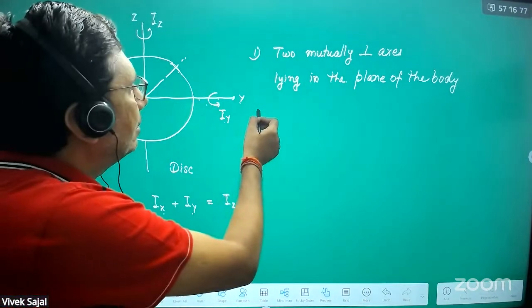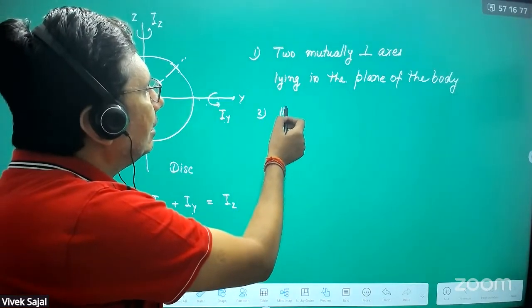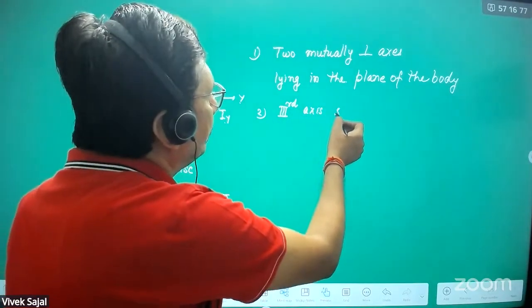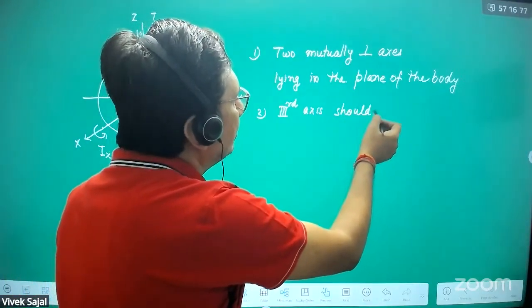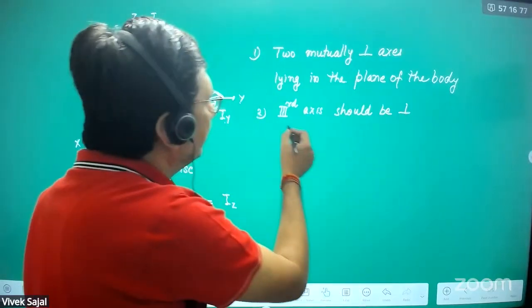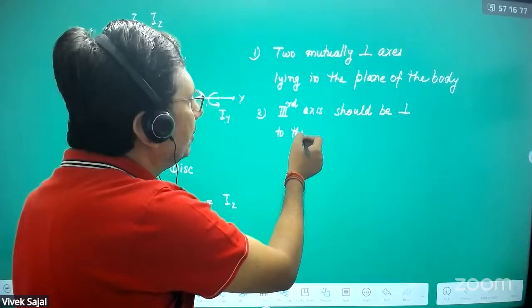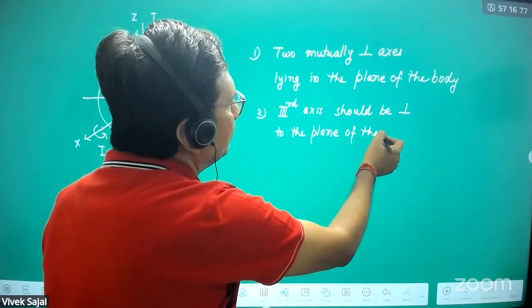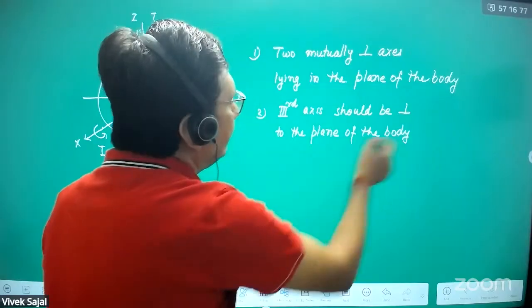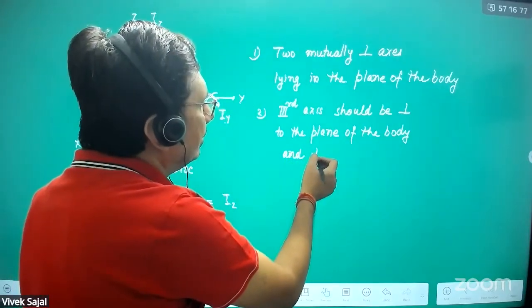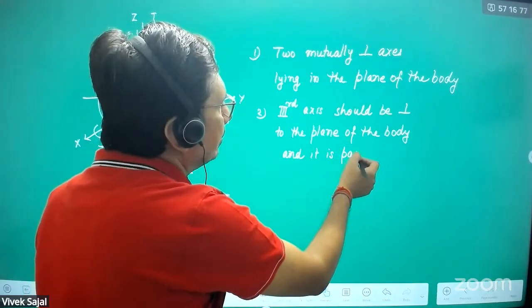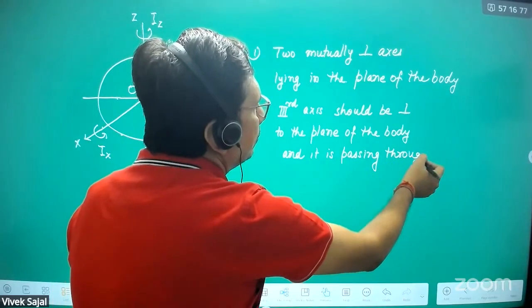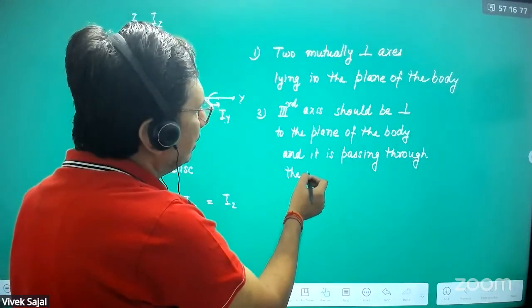Second, you choose a third axis. The third axis should be perpendicular to the plane of the body, and it passes through the intersecting point.